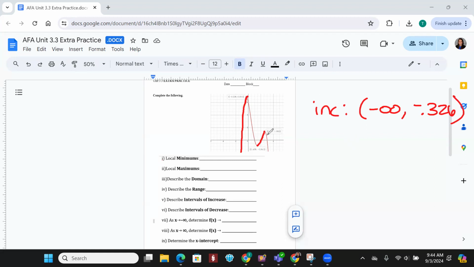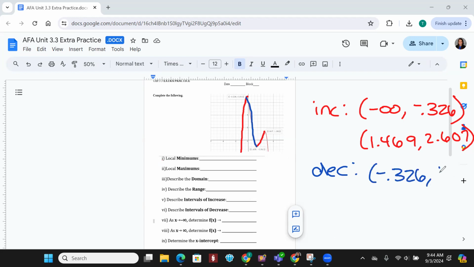For increase again, we're going to go from 1.469 to 2.607. For decrease, we're going to go down this way, which is from negative 0.326 to 1.469. And then we're going to go down again, and that's going to be from 2.607 to positive infinity.